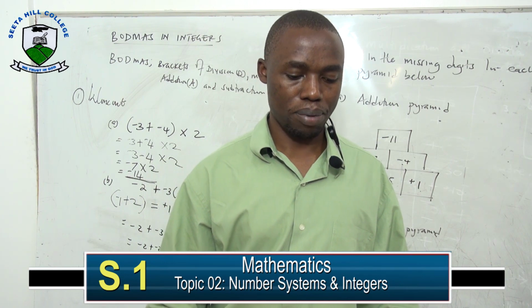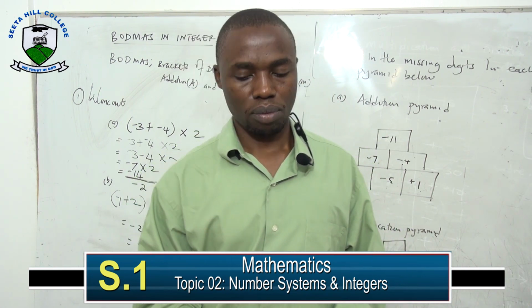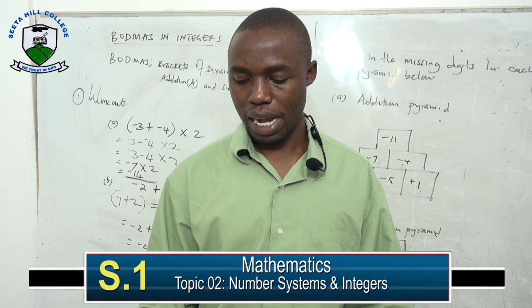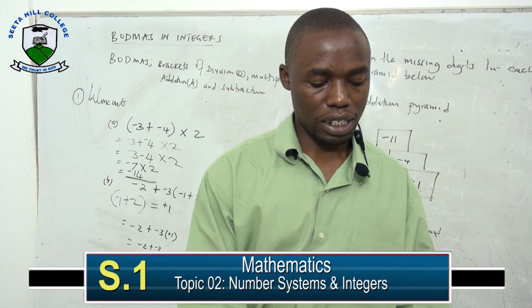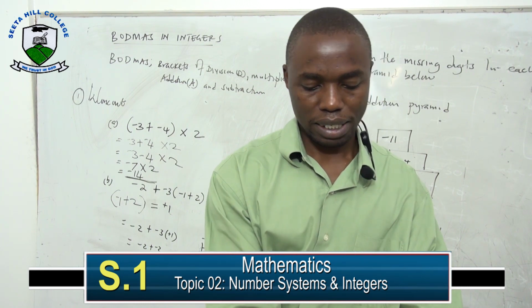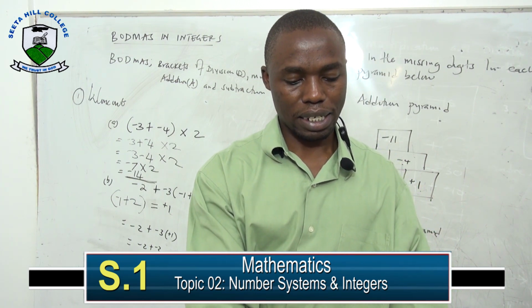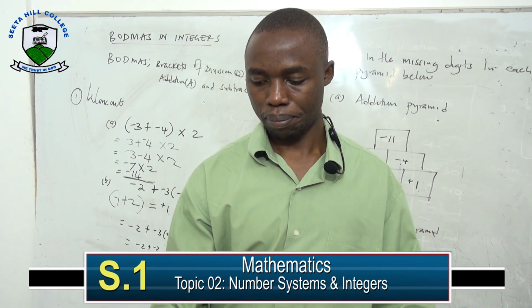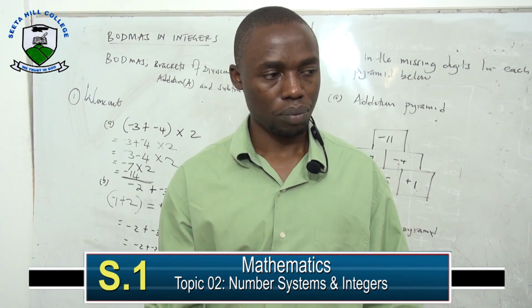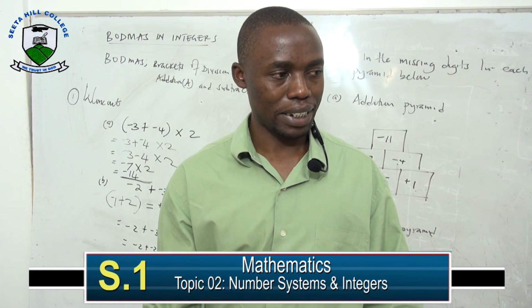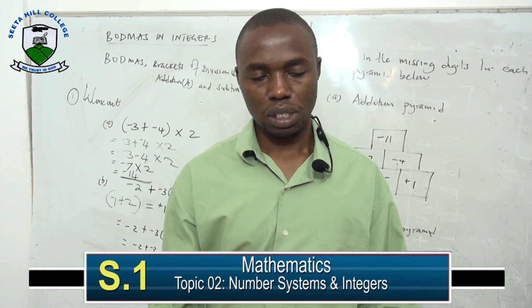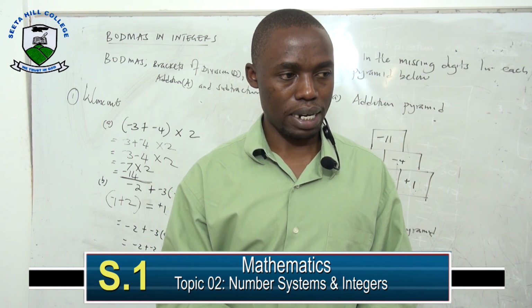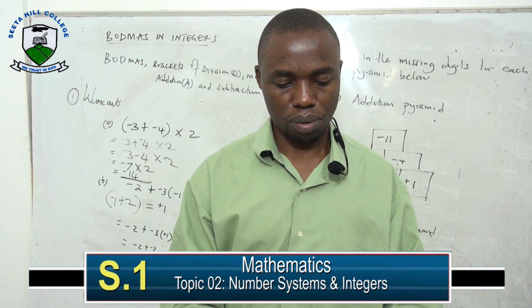Lastly, this word problem is your last one. Simon has shillings 4,500 to buy lunch for his friends tomorrow.